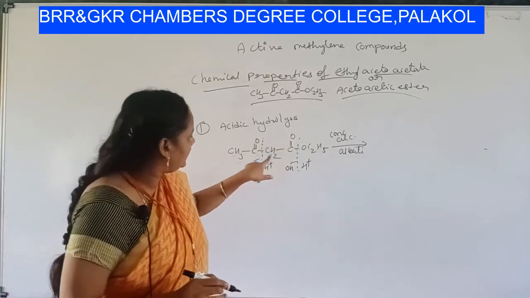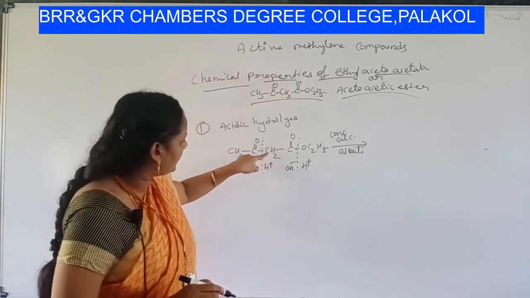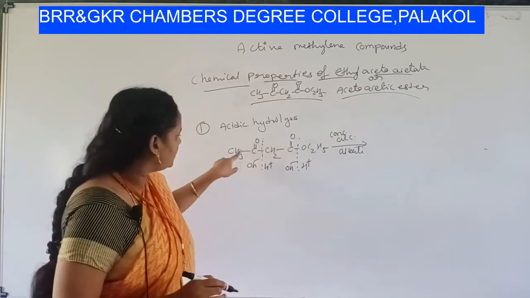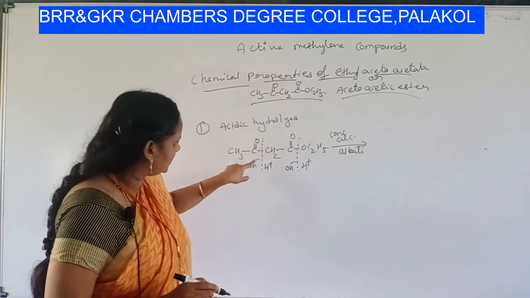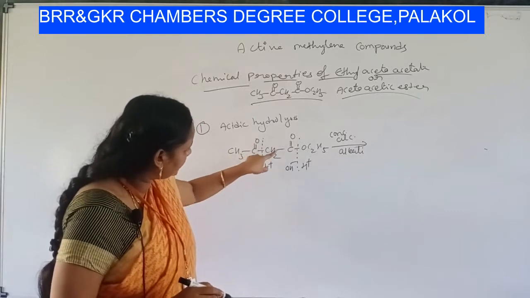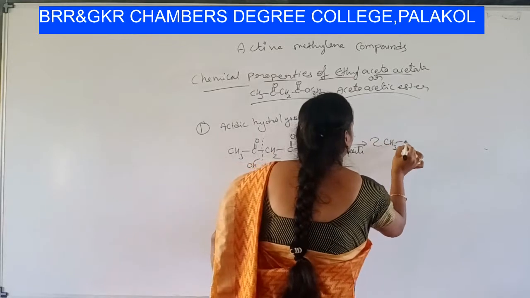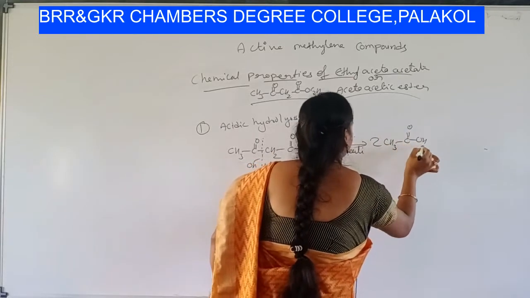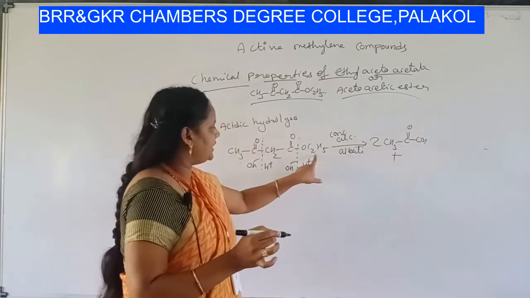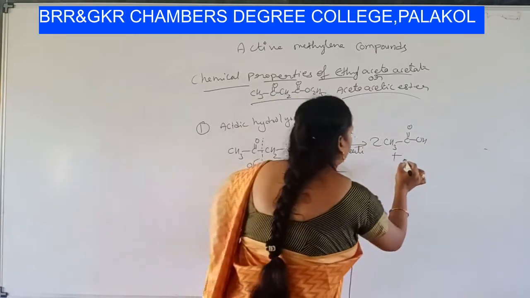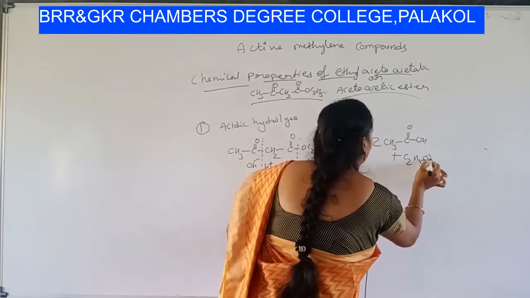So we study CH3 C double bond OH. Here CH2, if you add H plus, CH3 C double bond OH. So CH3 C double bond OH and again CH3 C double bond OH. So you are resulting in 2 moles of CH3 C double bond OH. Let us write this part. C2H5O, we have added H plus, so it will be C2H5OH.